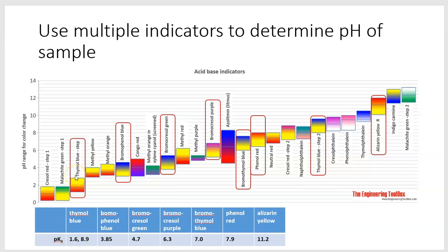But then if bromophenol blue is blue, now I know I'm above maybe 4.5. And then you just keep going until you find where one is in the base form and another is in the acid form. You say, oh, I have to be in that area. So by looking at a series of indicators, you can narrow down what the pH of the sample is.